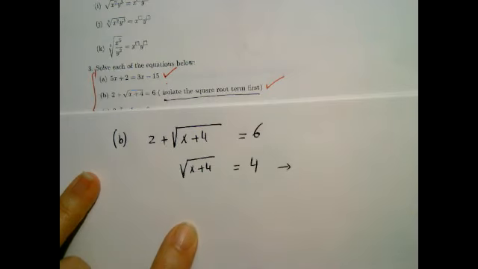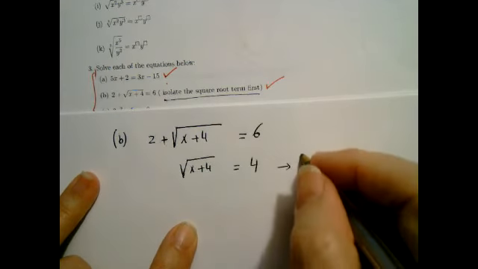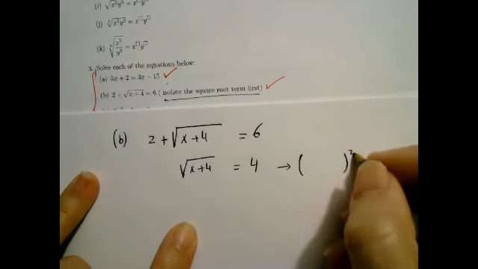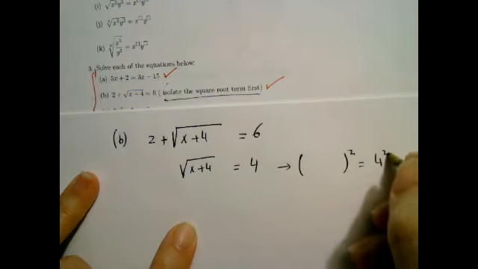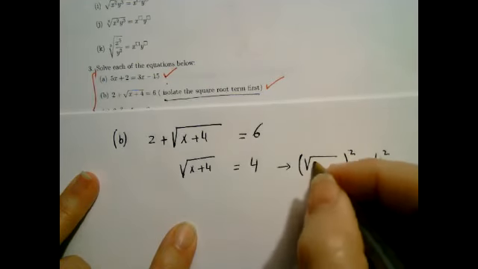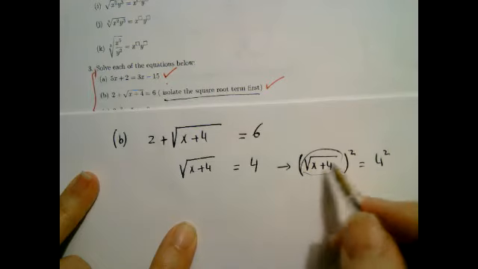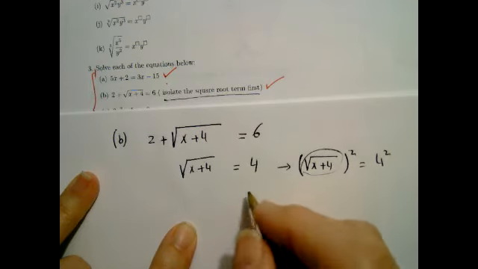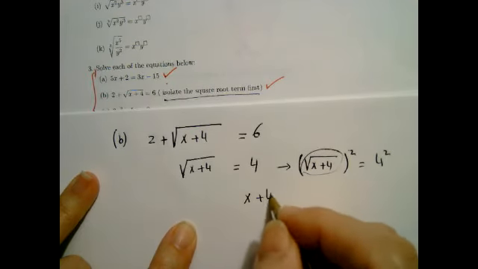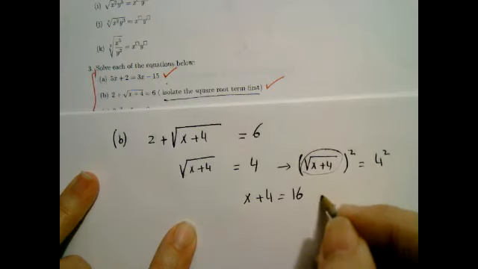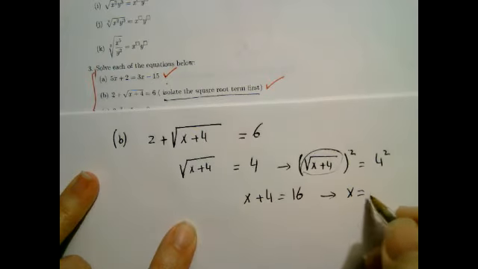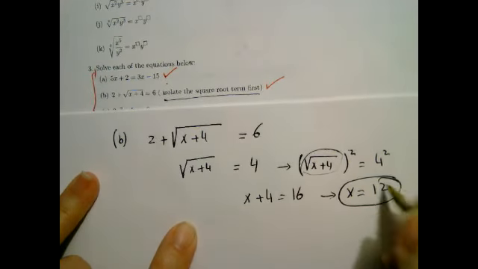We want to get rid of it, but I cannot throw it away. But I know that squaring it will help me figure this problem out, because by definition, when you square the square root, you get x plus 4. And that will give me x plus 4 equal to 16, and that will solve x for me.